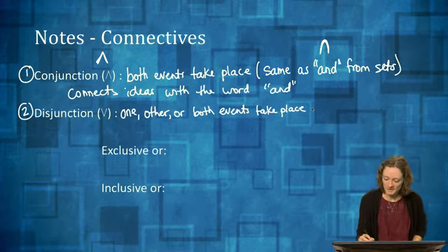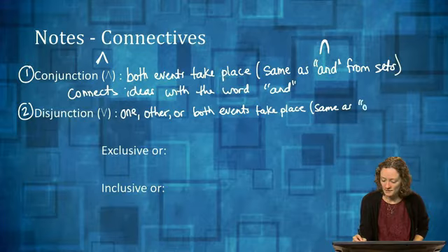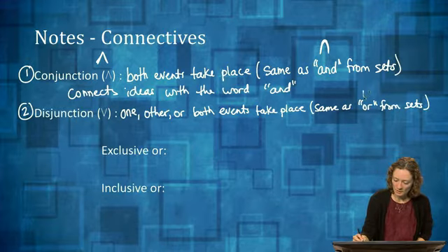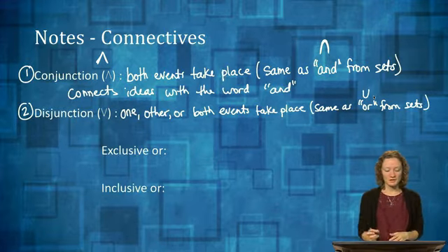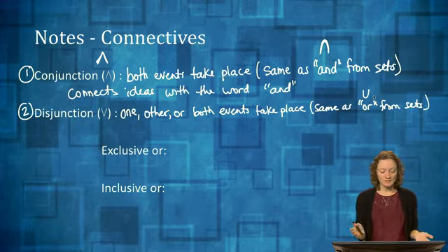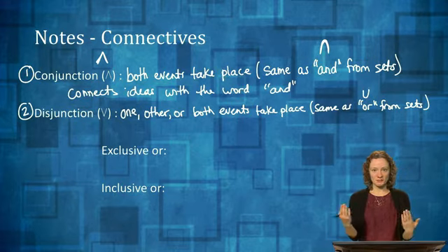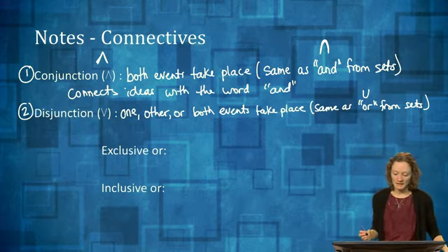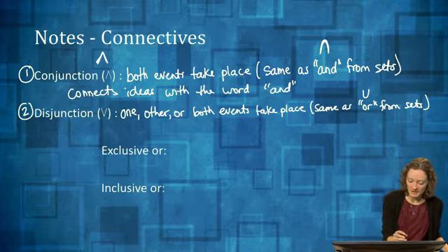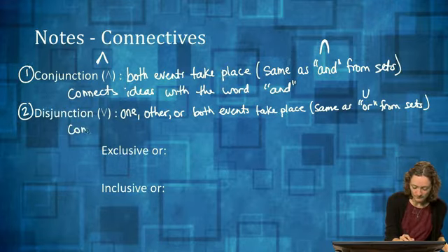And good news, this is the same as or from sets. Remember the or symbol was a U for union. This is a V. Looks very similar. They have the same idea of being either up or down and being connected there. And a disjunction connects ideas with the word or.